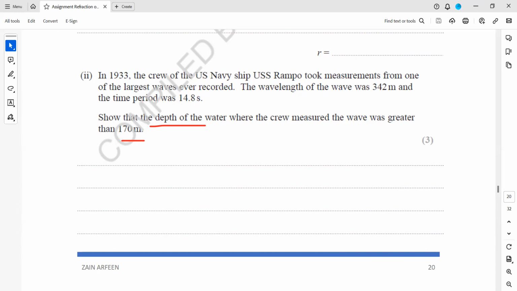So first we'll work out the speed. How can we work out the speed? We have the time period. Time period is the reciprocal of the frequency. So we'll use the formula V equals f lambda. This is the wavelength and this is the time period. If we need the frequency, the frequency will be the reciprocal of the time period.